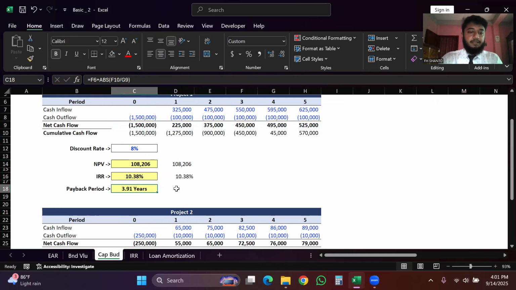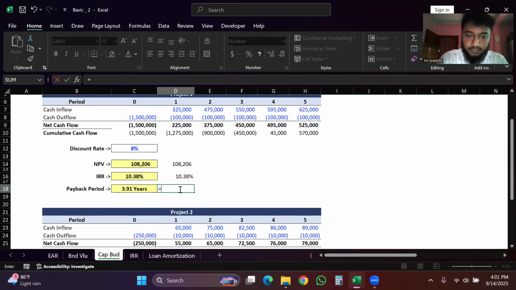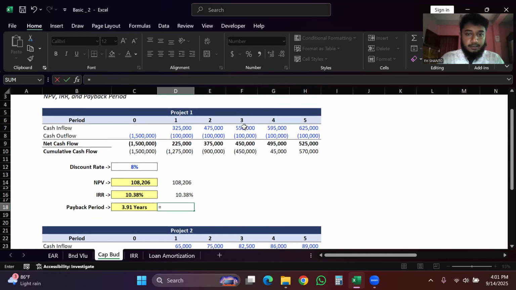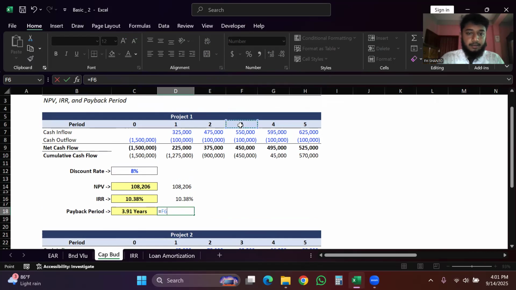For the payback period calculation, we need ABS. After this we calculate by equal to, then here is F6, that means 3 years, plus ABS.